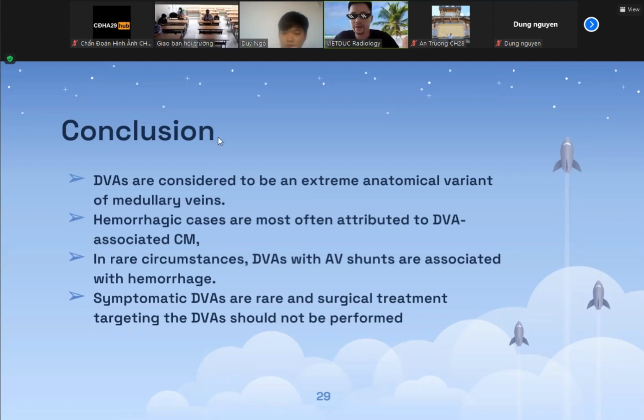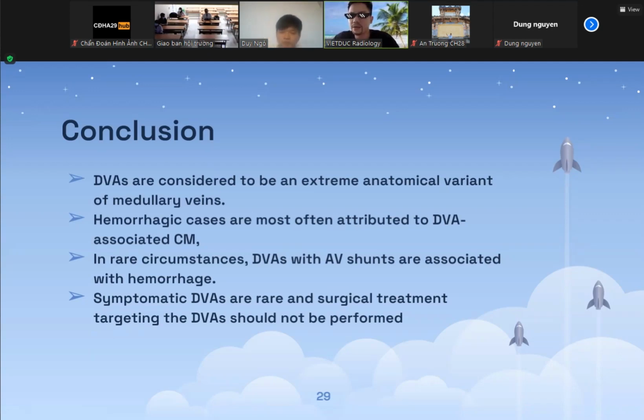But like you mentioned, there is a high rate of association between the CM and the DVA, and as I mentioned in my lecture, this association is very good for us to figure out the reason for the hemorrhage.